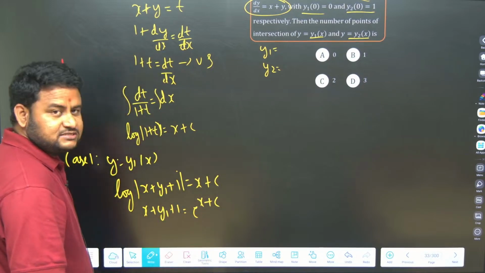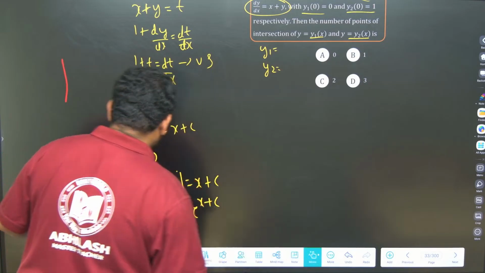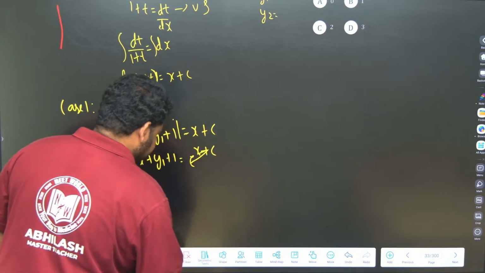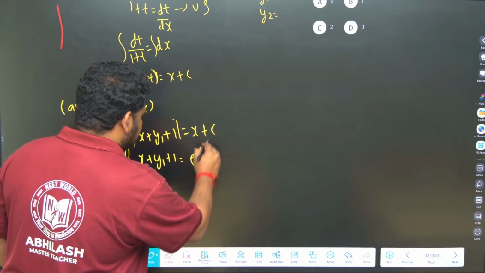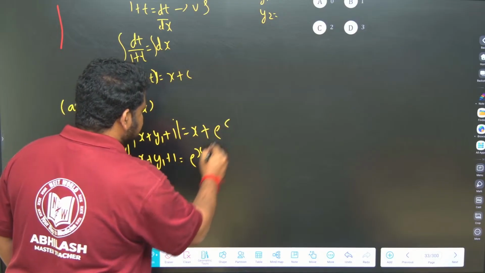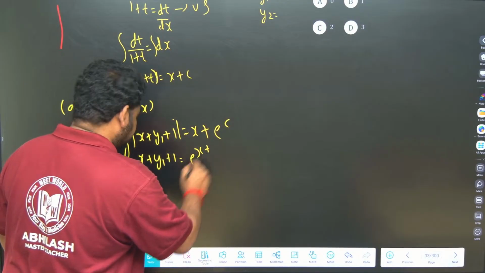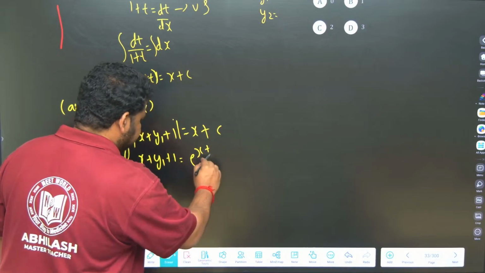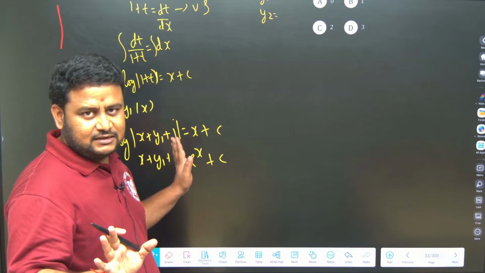I can write this as e power x into e power c. Let this be c here itself, so it becomes e power x times c. Let us keep it c itself, no need to complicate it. Clear? Got it?